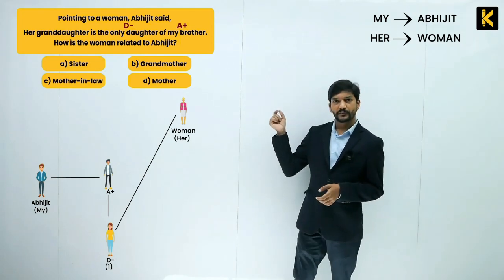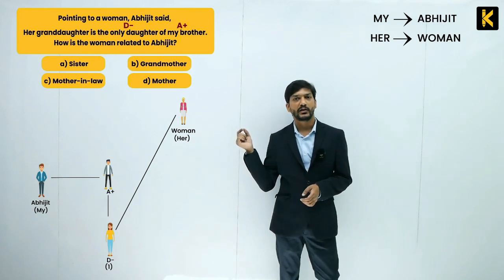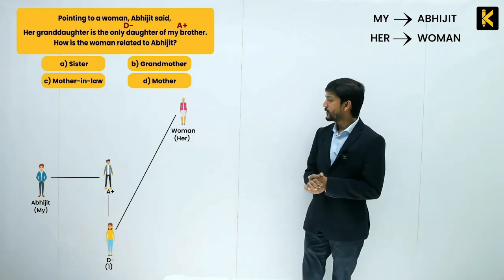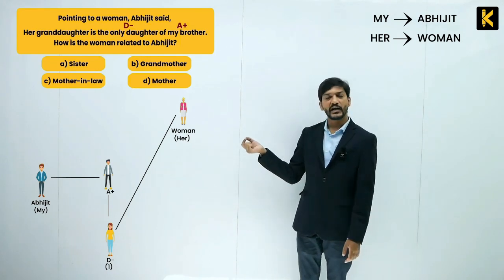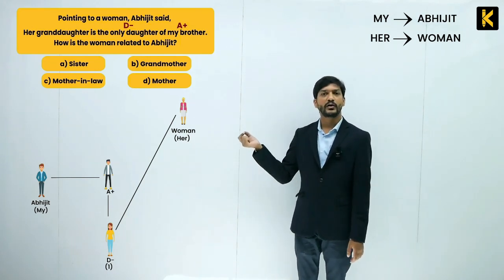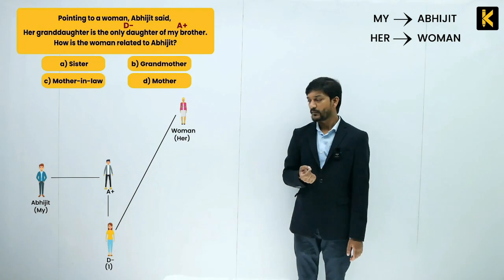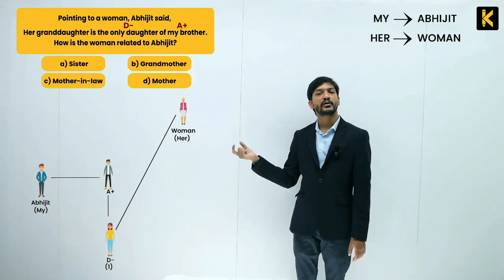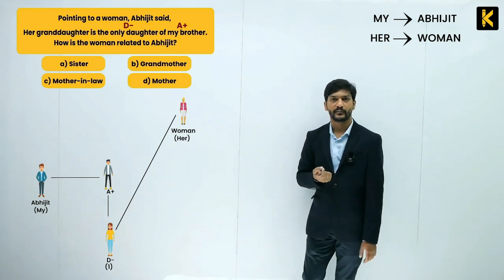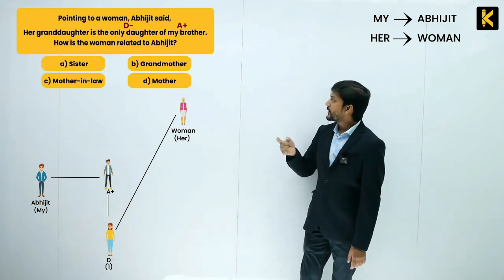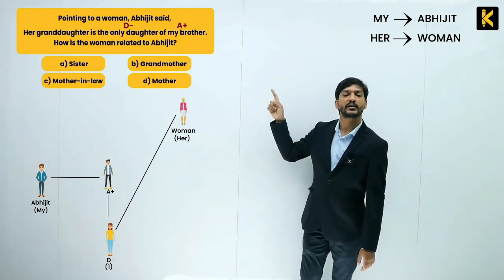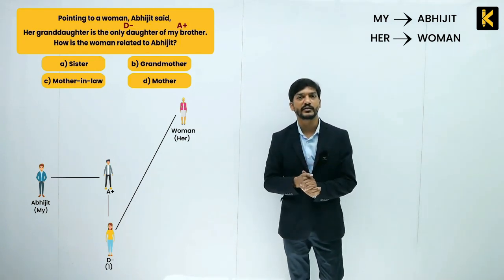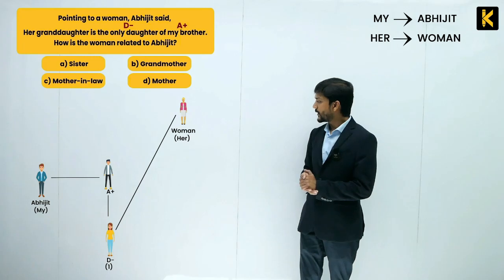This woman is the grandmother of D, and this D minus is the daughter of A. So D is the daughter of A and D is the granddaughter of the woman. So can I say that the woman is the mother of A? Only then these given relations are possible.